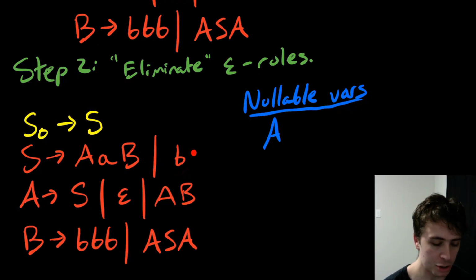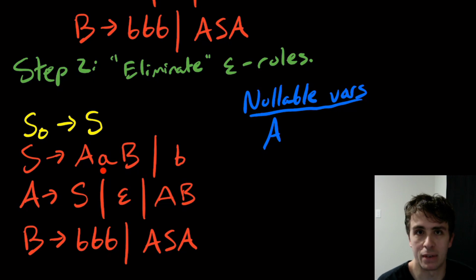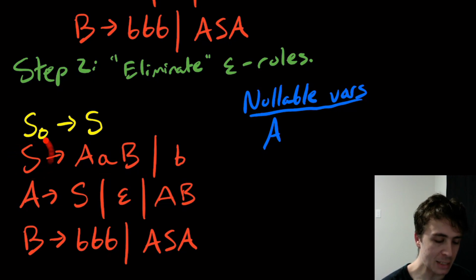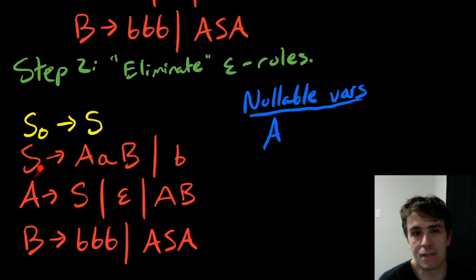Well, S goes to, so this rule doesn't help. This one doesn't help either because, well, we know A is nullable from over here, but the terminal here mucks things up because we can't get rid of a terminal. So S, we haven't found to be nullable.